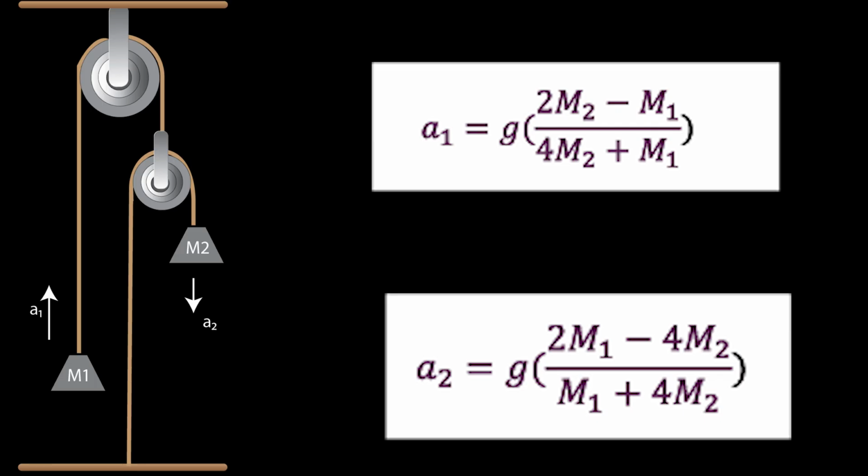Well, there we have our two equations then for a1 and a2. And if you look at these formulas, you can see why we call this device a machine. Well, what are machines? Machines are there to make doing work easier. In this case, our work is moving or raising the m1 mass on the left.